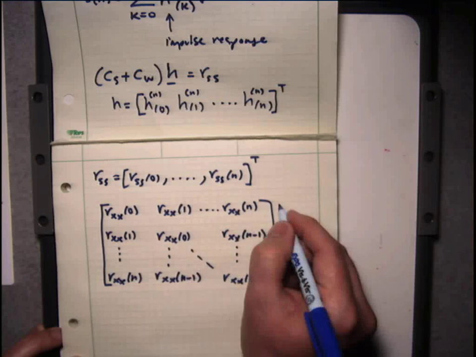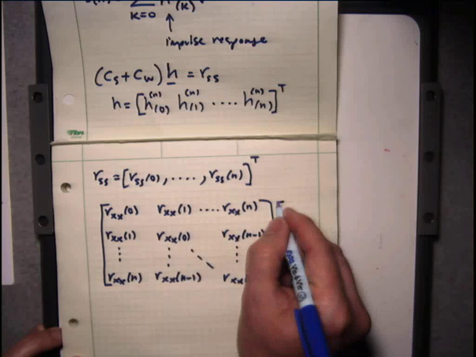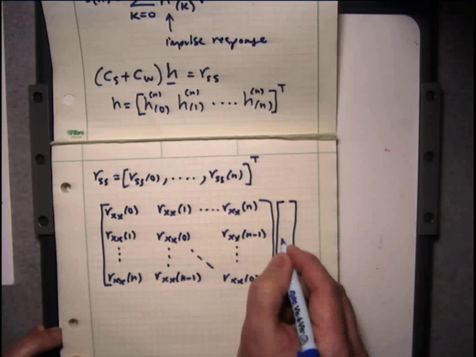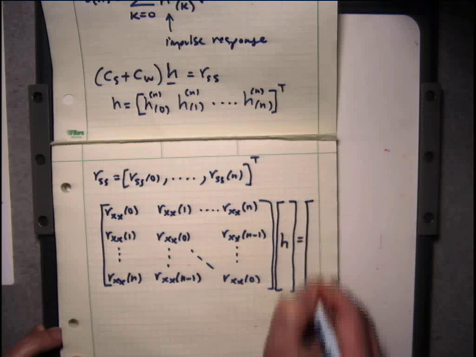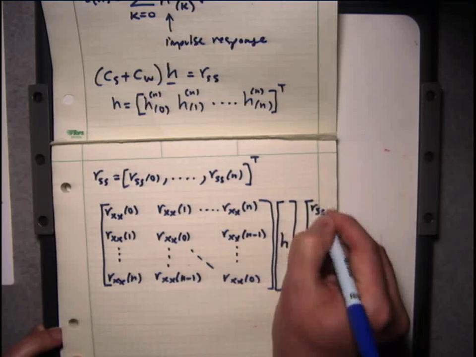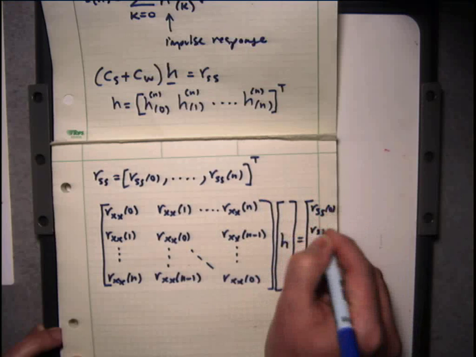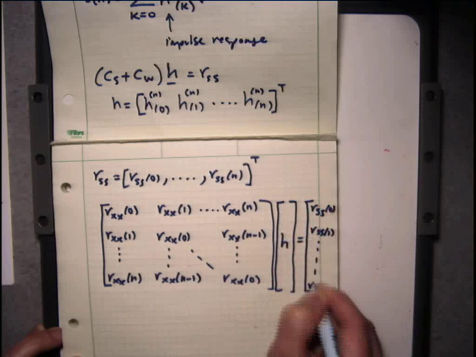And the vector H is going to be in here. And this is going to be equal to RSS 0, RSS 1, RSS n.